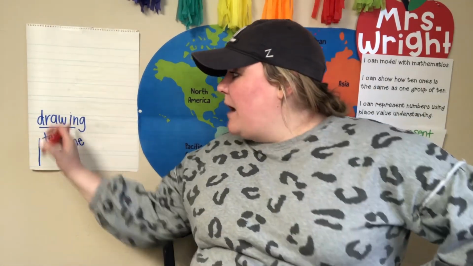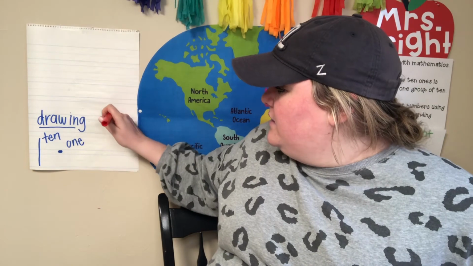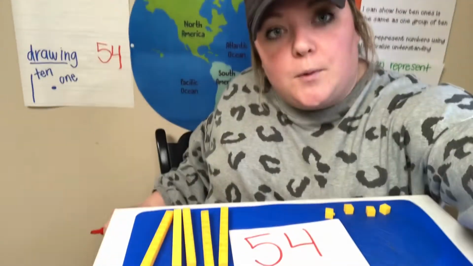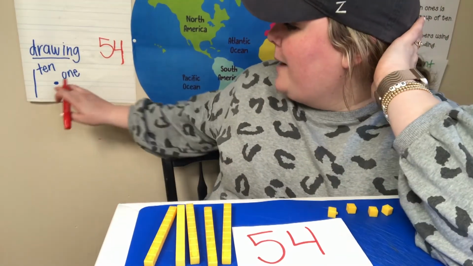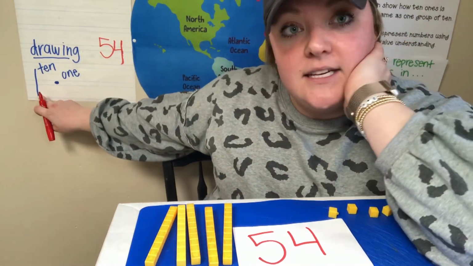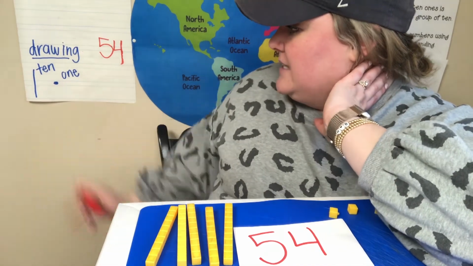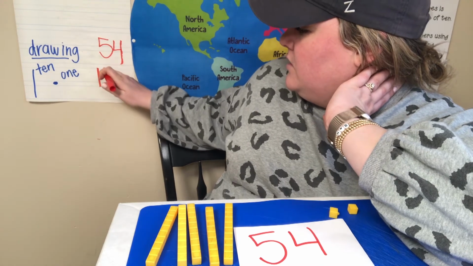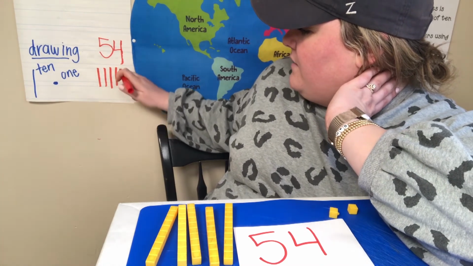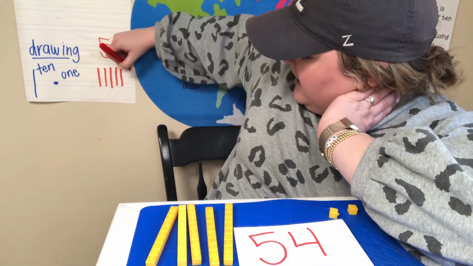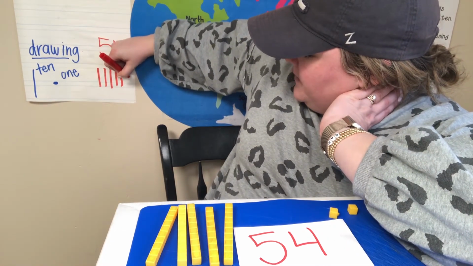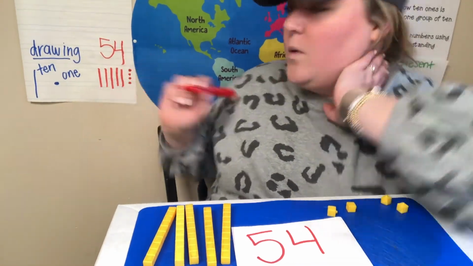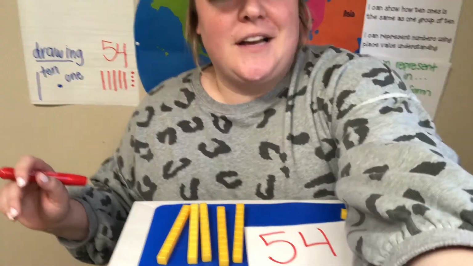If I wanted to represent the number 54, like we just did with our blocks, I would draw 10s like this and 1s like this. So I need 5 10s, 1, 2, 3, 4, 5, and 4 1s, 1, 2, 3, 4. All right, 54. Awesome work.